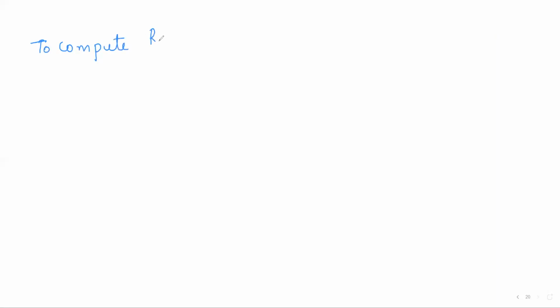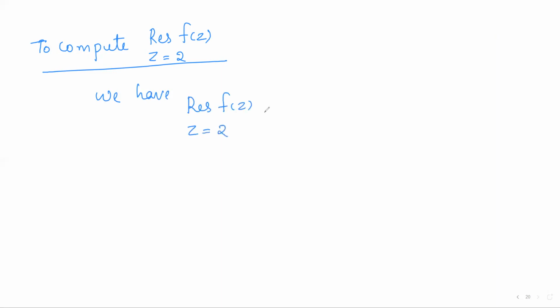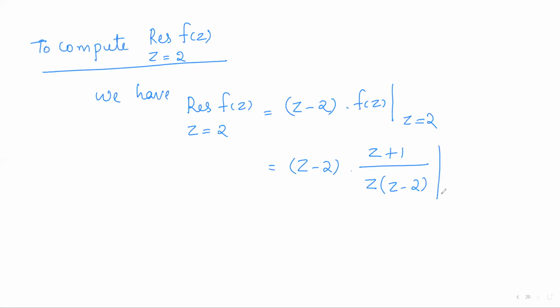Now to compute the residue of f of z at the pole z is equal to 2, the formula is z minus 2 into f of z at z is equal to 2. So it is z minus 2 into f of z, which is z plus 1 divided by z square minus 2z, which can be factorized as z into z minus 2, at z is equal to 2.